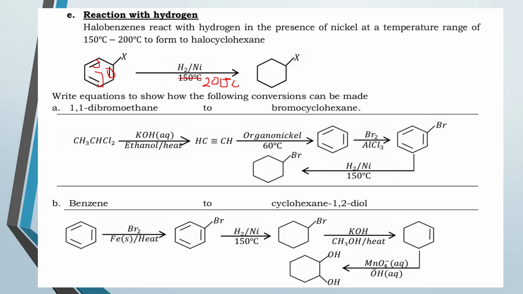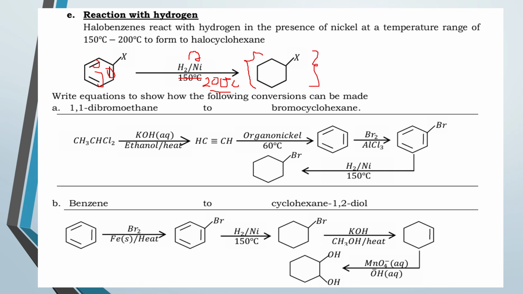So we need a quite higher temperature. We need hydrogen and a nickel catalyst, and at 200 degrees, the pi bonds, or the pi electrons, get removed and we get a saturated compound, halocyclohexane.